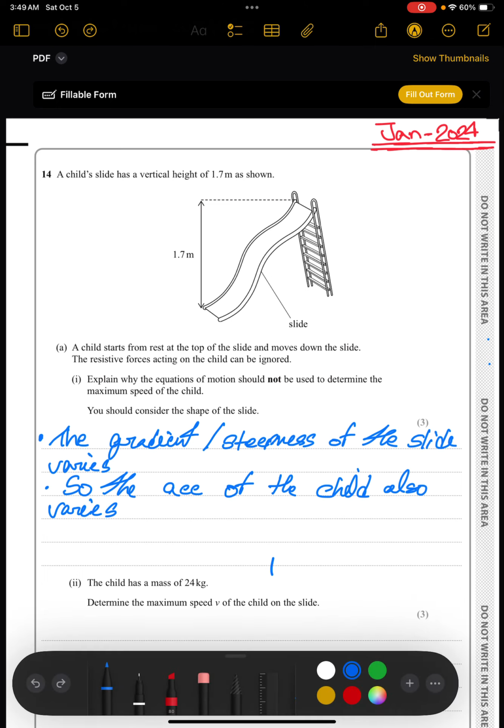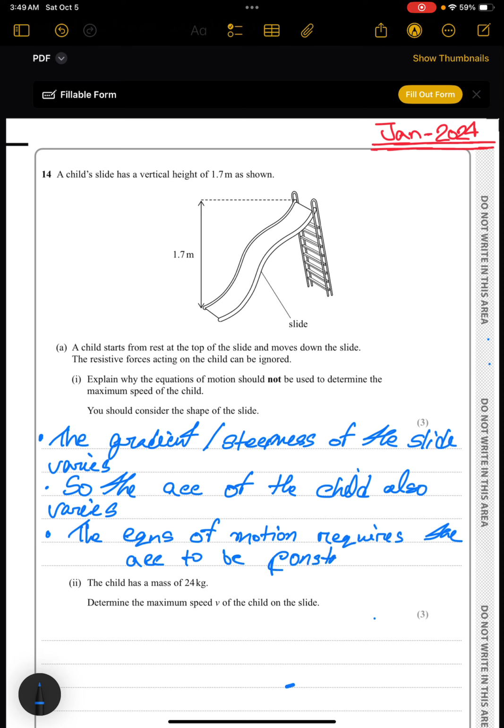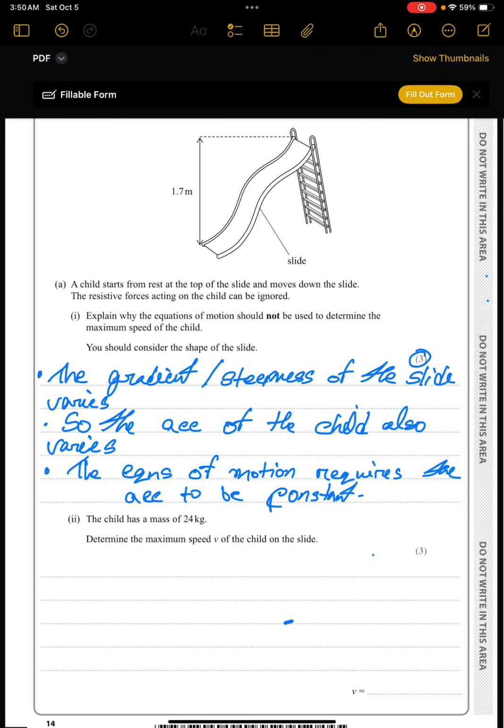So we are done with our 2 points, and the third point will be the equations of motion requires the acceleration to be constant. So we are done with this question. We have given 3 points for 3 marks. So let's go and focus on the next question.